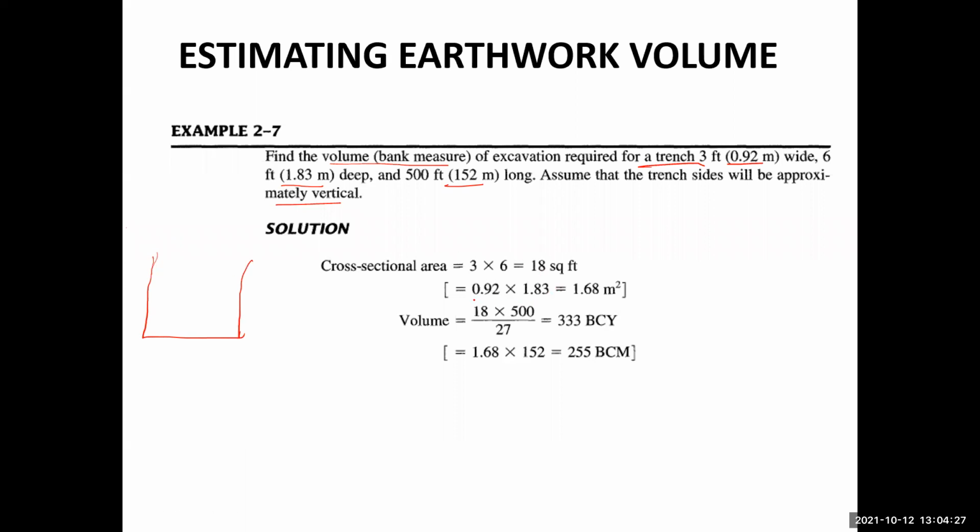Okay, so in this case, the cross-sectional area is 0.92 by 1.83 meter. And the volume will be then cross-sectional area multiplied by the length. So this will be 255 bank cubic meter. So that is relatively simple.